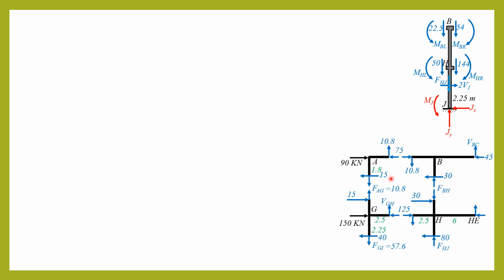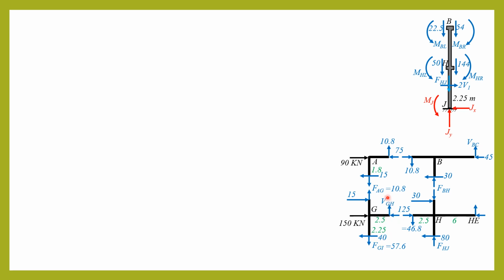So let's continue and put the values we solved in the preceding slides. So these are now the values, and for the FBDs, these are the values calculated. FBH was already solved. So shear GH therefore is summation versus y in this free body diagram.